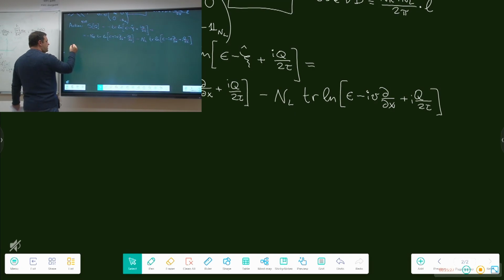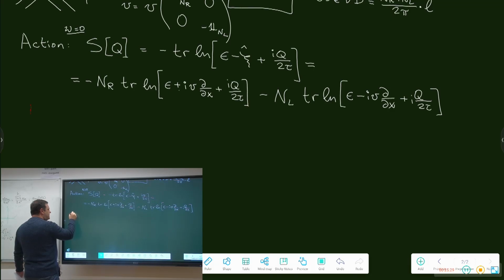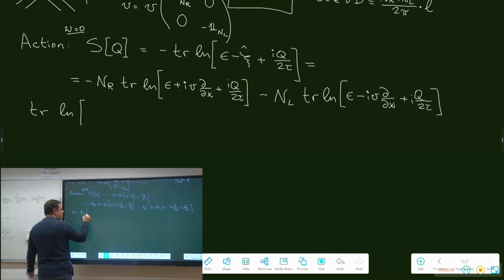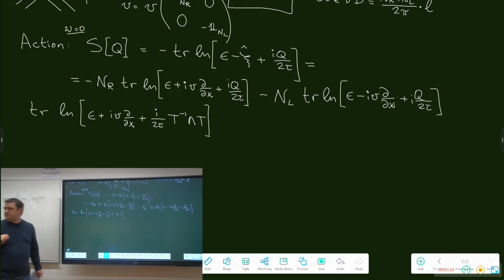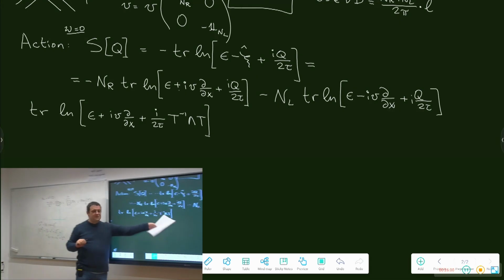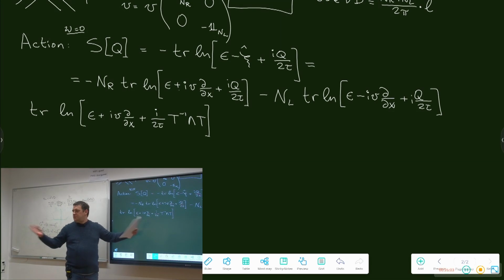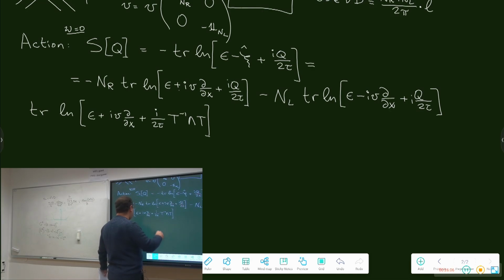We do it as usual, as we did before. Let's take this first one: trace of logarithm of epsilon plus i v d by dx plus i Q over 2 tau, and the Q matrix is T inverse lambda T. Now I'm at the saddle point. I already replaced the Q matrix with something that squares to 1, so I don't need this other term.